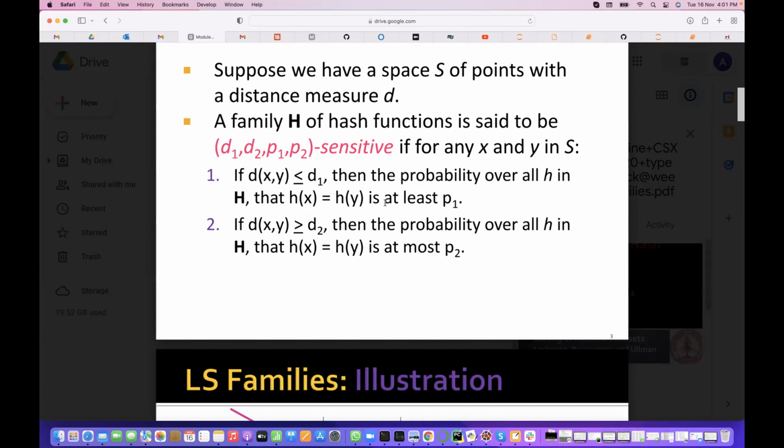The second one says that if the distance is more than 3, then the probability that both will go to the same hash value is something like 2%, which is negligible, like in the earlier case where we saw 1.5%. So this P2 should be negligible, and P1 should be a very high value for us. Such distances and such functions we need to find.